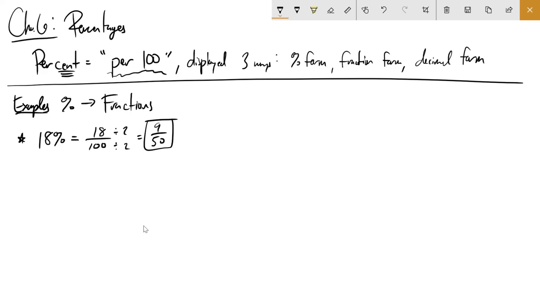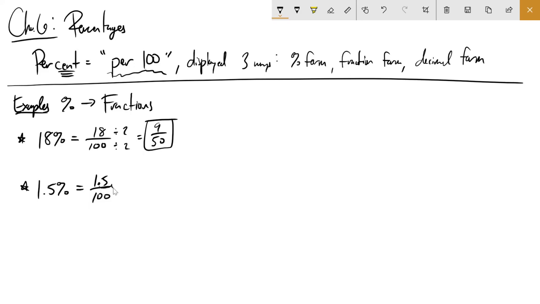If you have decimal percentages, which happens a lot, let's say it was 1.5%. If I want to turn it into a fraction, I just put it over 100, no problem. That's 1.5 over 100. And, of course, we know that fractions don't typically contain decimals in them, so what do we have to do with that decimal?